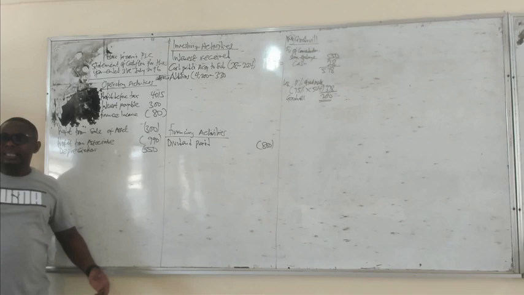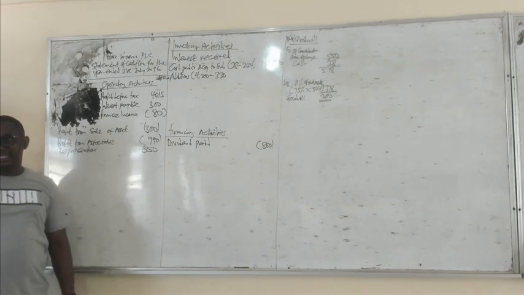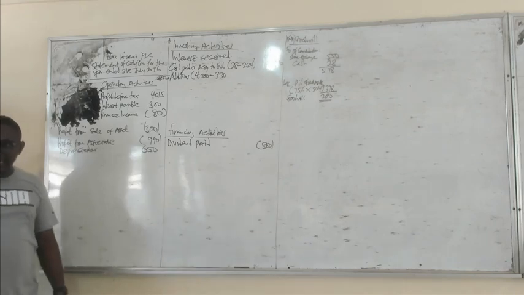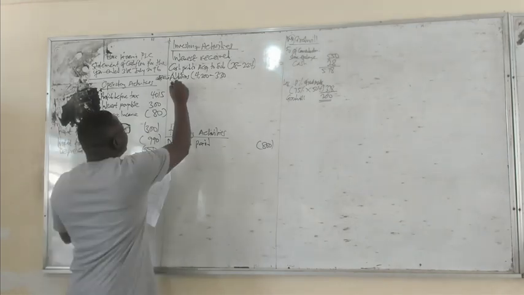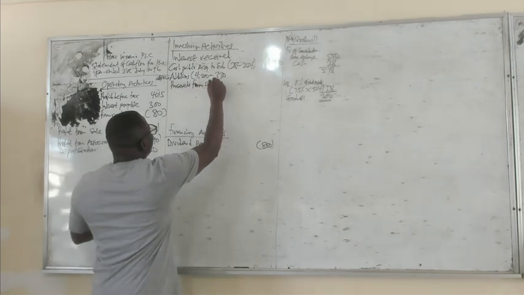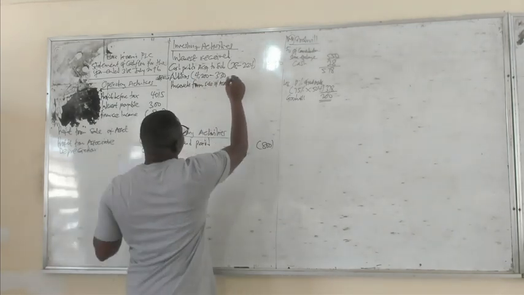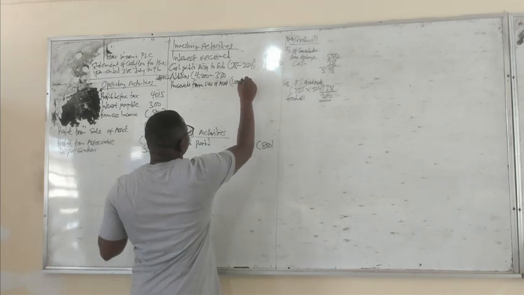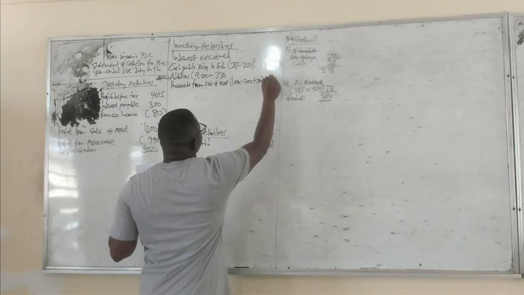It means the asset was disposed for how much? 1,100. That is the 300 plus the 800. So you come here and write proceeds from sale of assets. It is the 1,000 minus 200 plus the 300, so that you get the 1,100.